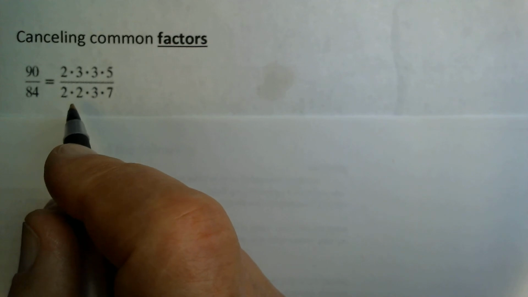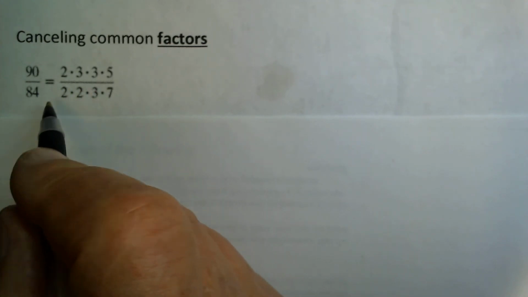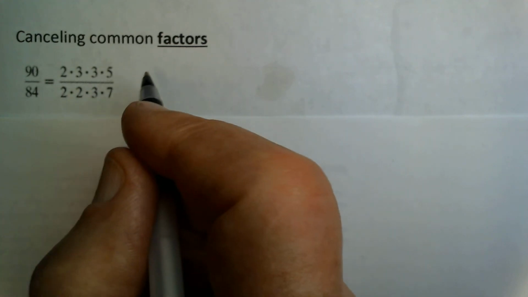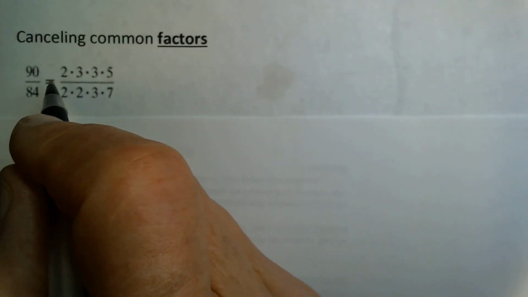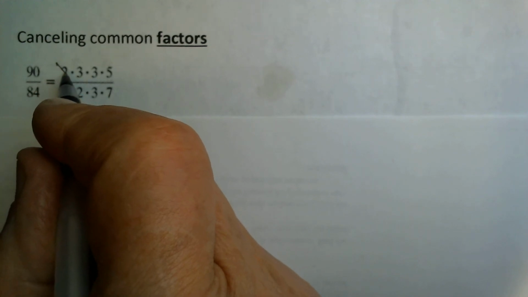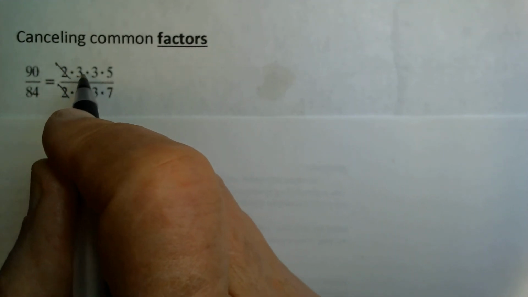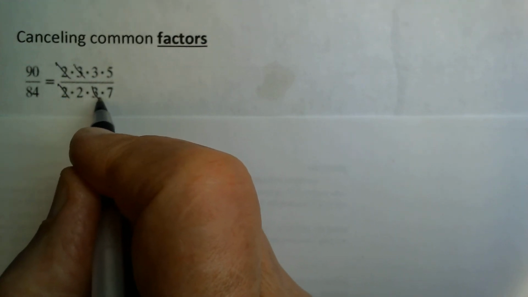An abbreviated method of reducing fractions is, again, to calculate the prime factorization of the numerator and denominator, and then canceling common factors. But you have to be really careful how you do that. So here we can cancel the 2 against the 2, which gives us basically a 1, and the 3 against the 3, which also gives us a 1.